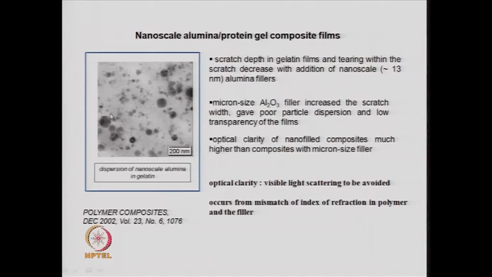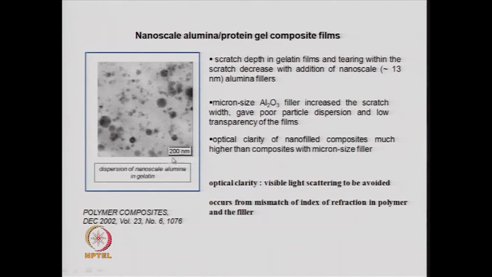This is an example of nanoscale alumina, that means alumina in nano sized particles, and the matrix here is a protein gel. When you have nanoscale alumina particles in a protein gel, you get a composite, and if you make it as a film, you have a nanocomposite film.